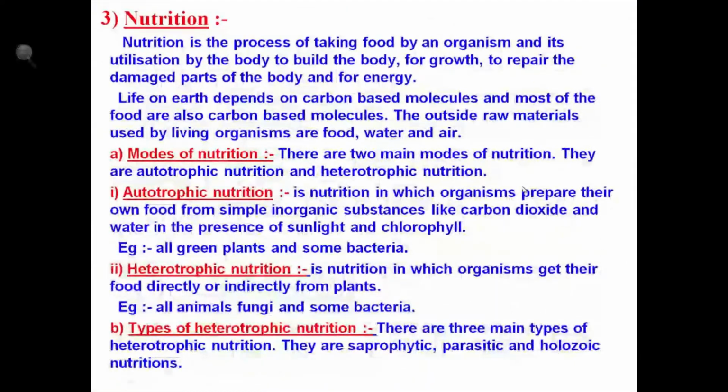Nutrition. Nutrition is the process of taking food by an organism and its utilization by the body to build the body for growth, to repair the damaged parts of the body, and for energy. Life on Earth depends on carbon based molecules, and most of the foods are also carbon based molecules.